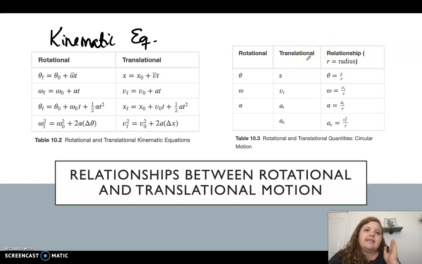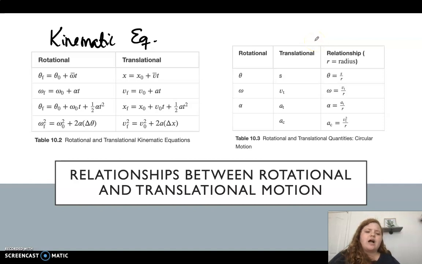Translational is what we call the XYZ type motion, linear motion. That's basically what translational will be.